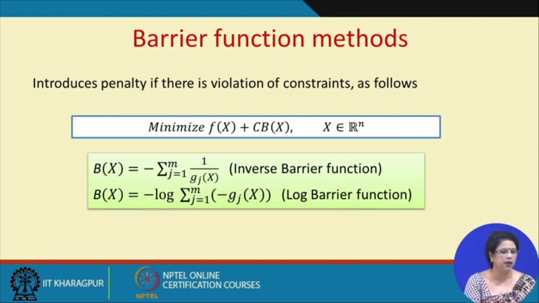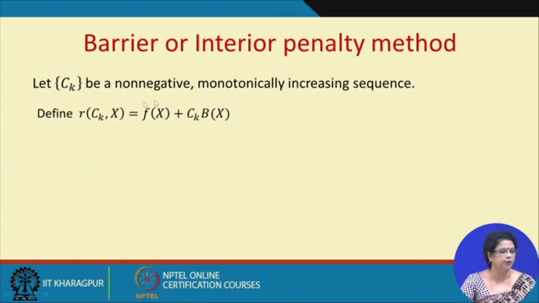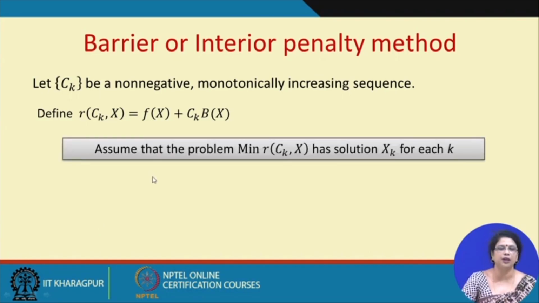Okay. Now, let us consider these two barrier functions in the interior penalty function method. Now, if we again consider there is a sequence of C. We got the impression of what should be the property of Bx, that is the barrier function, but we do not know what the property of C is, how C behaves within the feasible space.